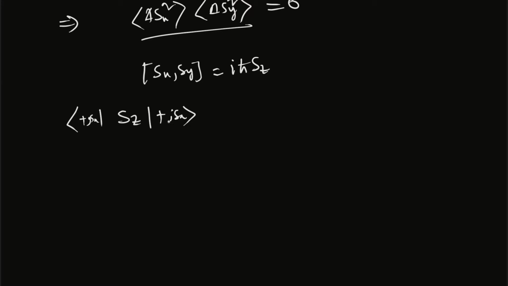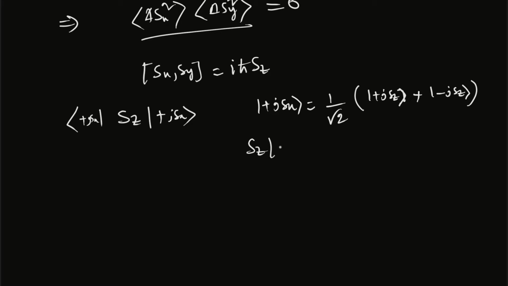We know that we can express the |+x⟩ eigenstate in terms of Sz eigenstates as follows: 1 by root 2 (|+z⟩ + |−z⟩).